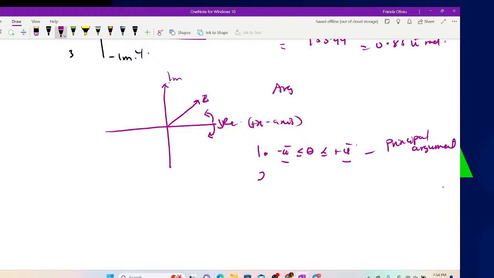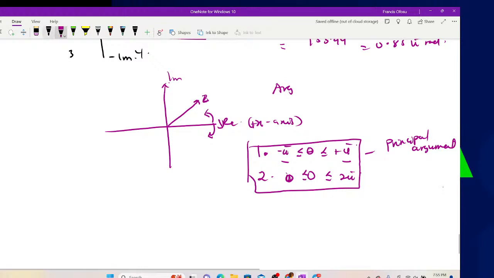Then the second convention is theta greater than or equal to 0 and less than or equal to 2 pi. These are the two conventions, and any convention you choose, you arrive at the same answer. The angles may be different, but your complex number doesn't change. So let's see how this convention applies.